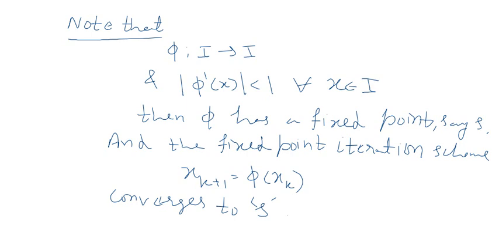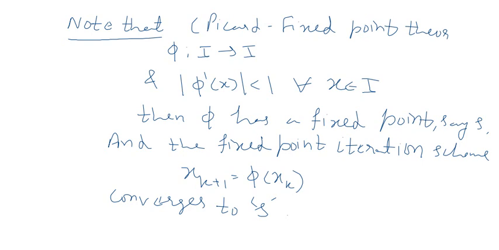This is a recall of the Picard fixed point theorem, which is a special case of the contractive mapping theorem. You can show that if mod of phi dash of x is less than 1, phi is differentiable, so phi is continuous.